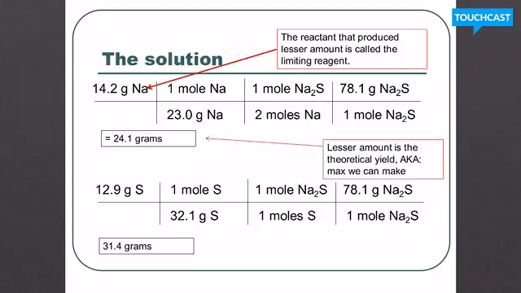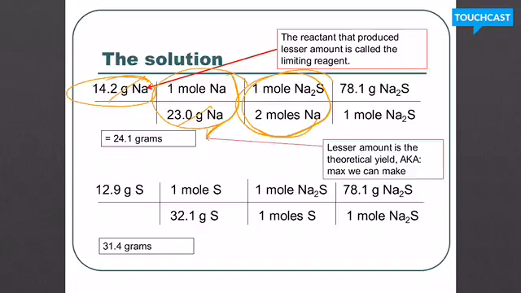All right, so this is the solution here, all written out for you. So let's take a look at this. Let's see what the strategy was here. You'll notice that there's 2 different problems, one for the sodium and one for the sulfur. And the fact that we started with mass, we're going to convert that mass to moles. This right here is molar mass. Then what we did is we cross-canceled, we're always cross-canceling here, with the coefficients from the balanced reaction.